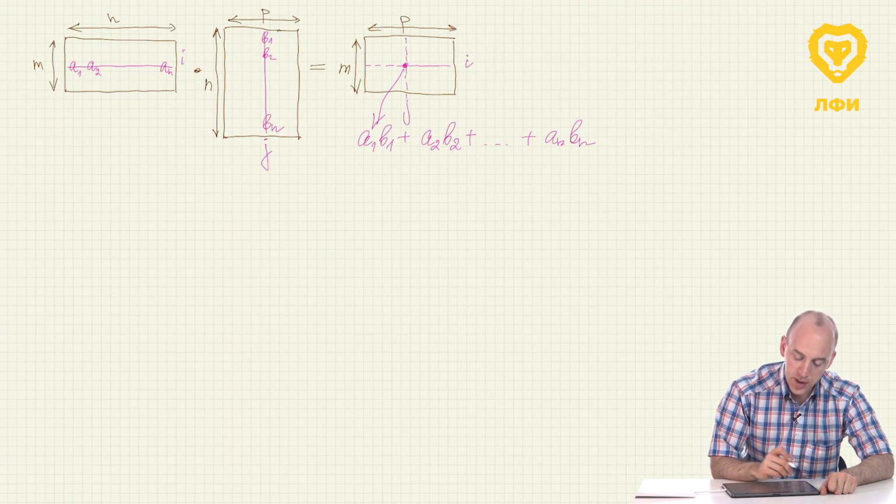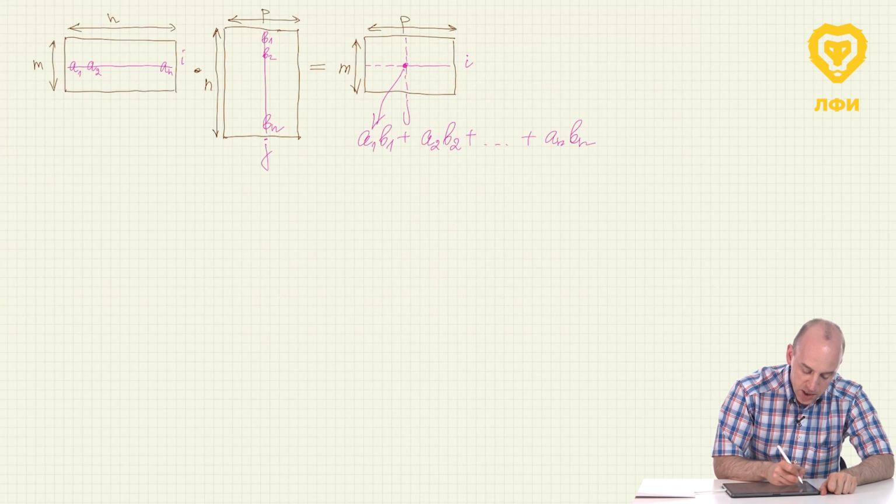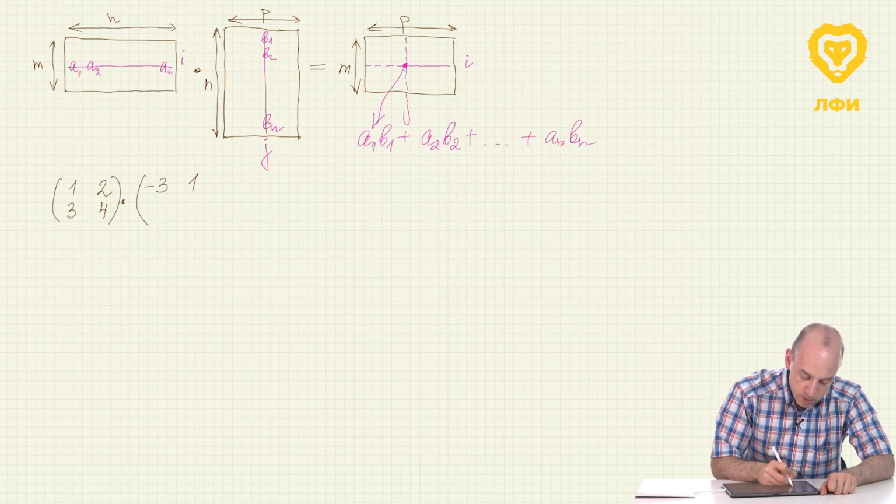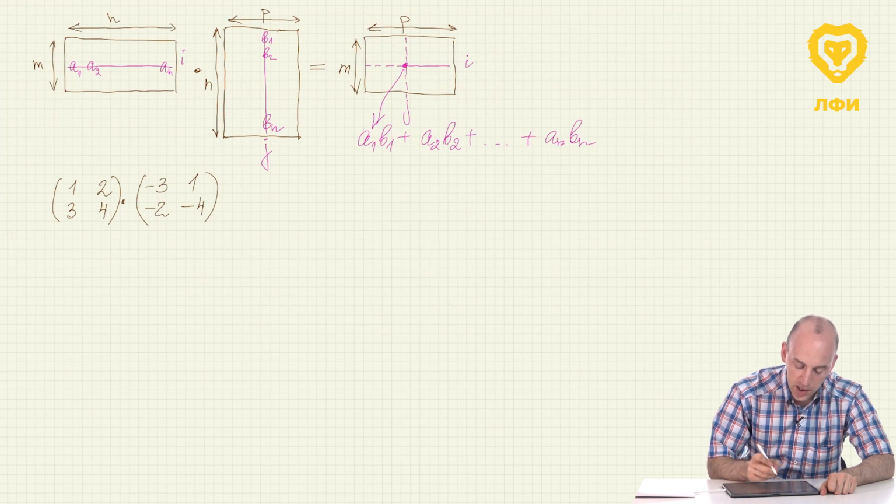Now let us consider an example. Let us take two matrices. Let the first one consist of elements 1, 2, 3, 4, and the second one consist of elements -3, 1, -2, -4. And let's calculate the product.